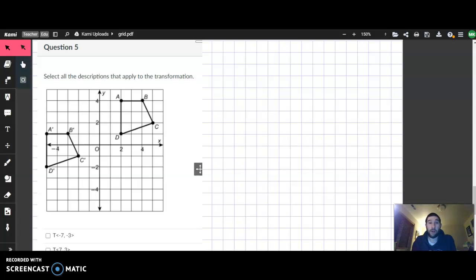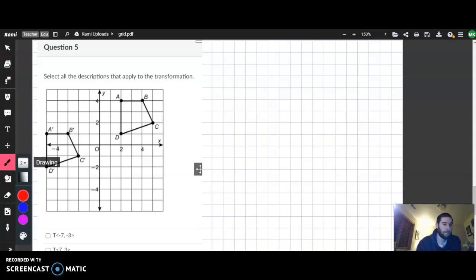Because it's on a coordinate grid, we will describe the vector with those pointy brackets, talking about the x and the y change. And so, first things first, the x change from A to A prime, because notice that's our pre-image where A is at, and then our image is where A prime is at. And so, there's our arrow to represent our vector.